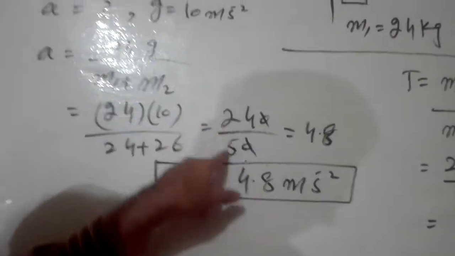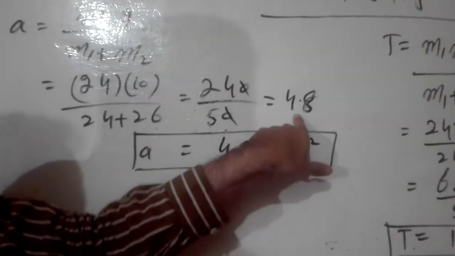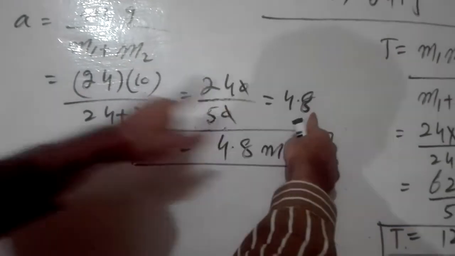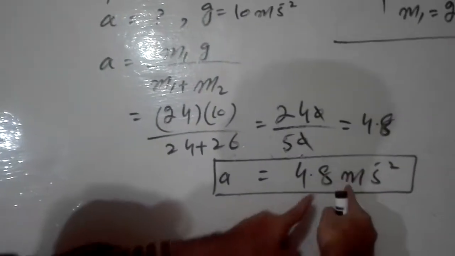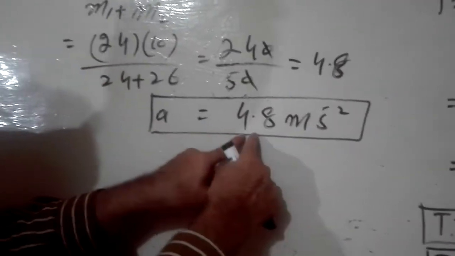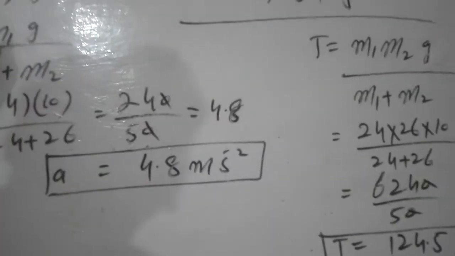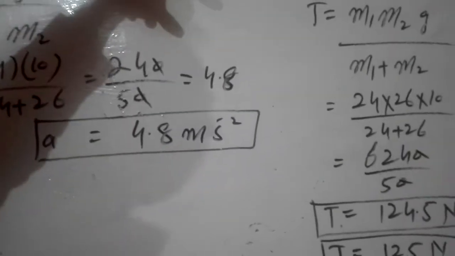When you divide 24 by 5, we get 4.8 with the help of a calculator. So what is 4.8? It is the acceleration. What is the unit of acceleration? Meter per second square. So write a equals 4.8 meter per second square. We have found the acceleration produced in this system.